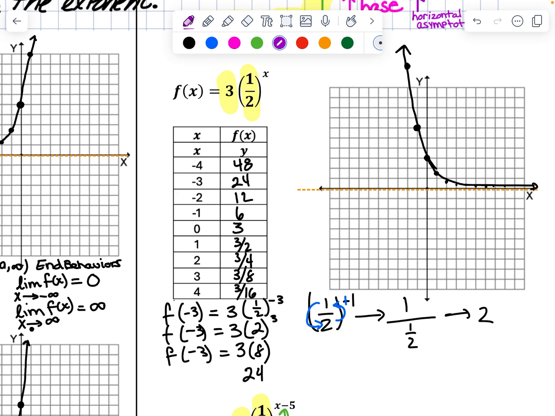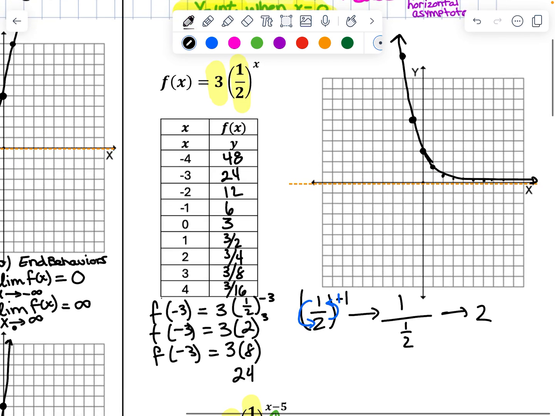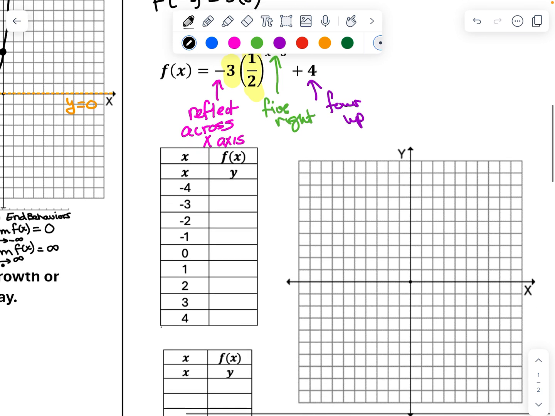Okay? So, if we, for instance, take the point (0, 3). There's (0, 3). Let's move it 5 spaces to the right: 1, 2, 3, 4, 5 spaces to the right. That puts it here. Let's move it 4 spaces up: 1, 2, 3, 4 spaces up.